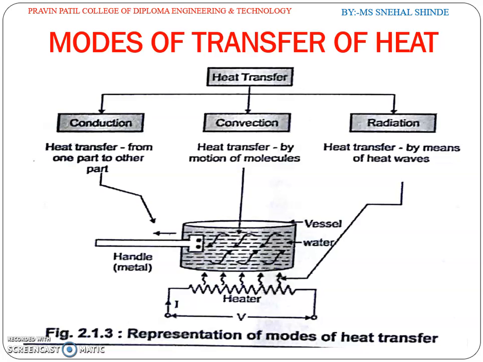Conduction. In this mode of heat transfer, heat is transferred through a substance from one part to another. That is, one molecule of the substance gets heated and transfers the heat to the adjacent molecule and so on.